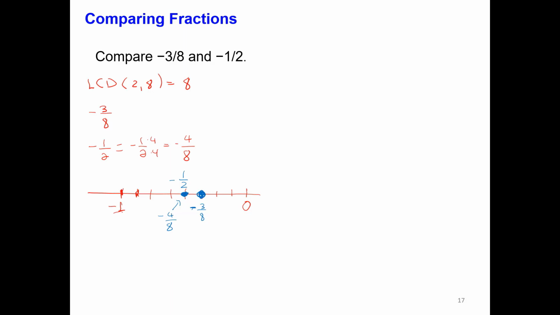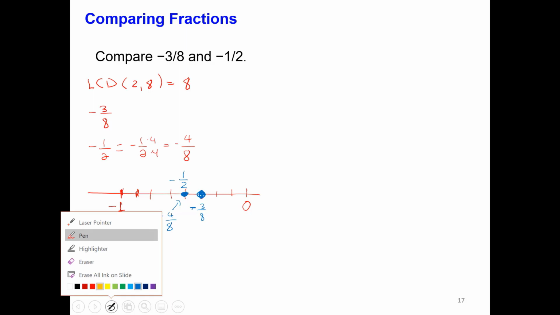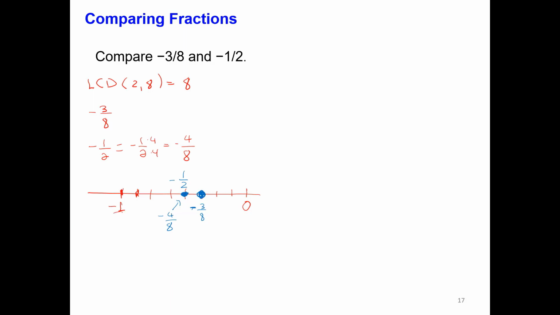Now we know what the larger number is. The larger number is the number that lies to the right. We can conclude the larger number is this one. Then we will say negative 3 over 8 is greater than negative 1 over 2, which is the same as negative 4 over 8.